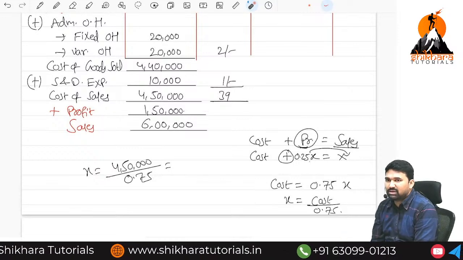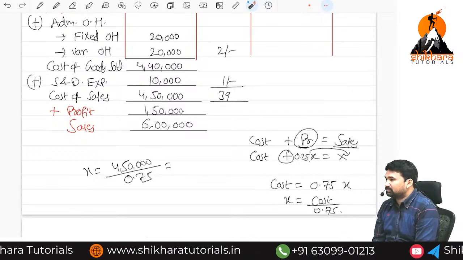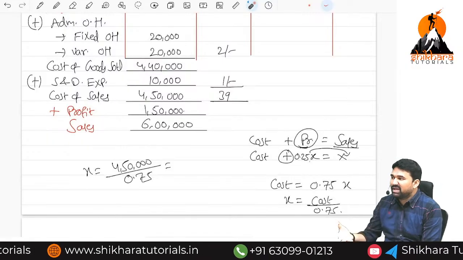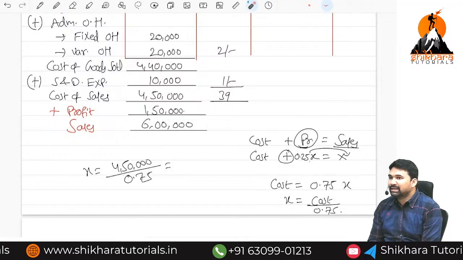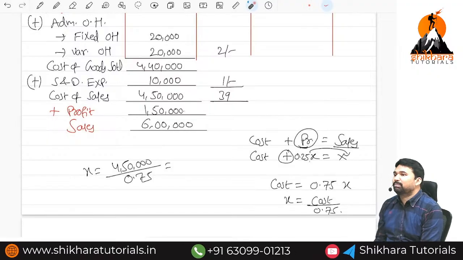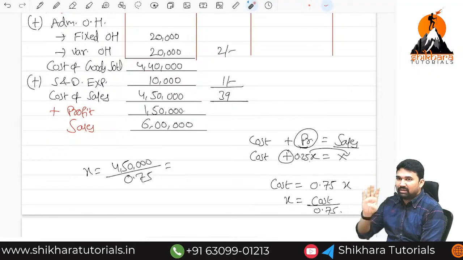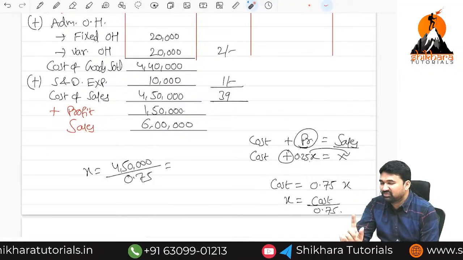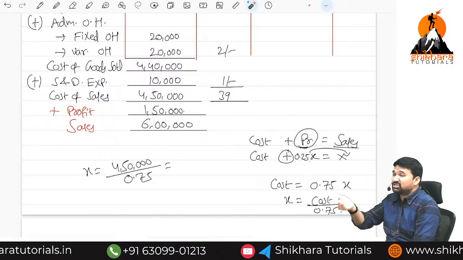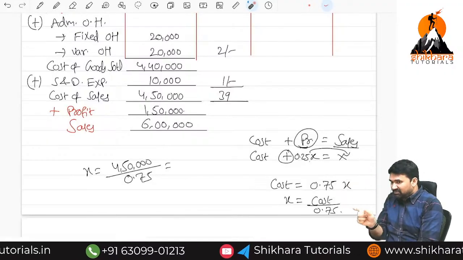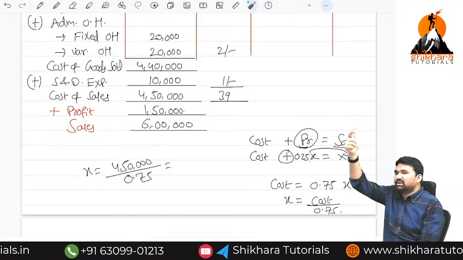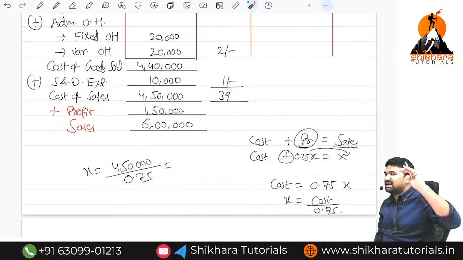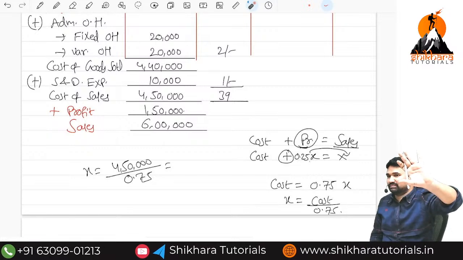He's a shopkeeper selling idli. Cost of making idli is 2 rupees per piece. In a plate, 4 idli will come. 4 into 2, how much? 8 rupees. For how much should he sell? For 8 rupees, less than 8 rupees, or more than 8 rupees? For more than 8 rupees he will sell. And whatever he is increasing, it is profit.